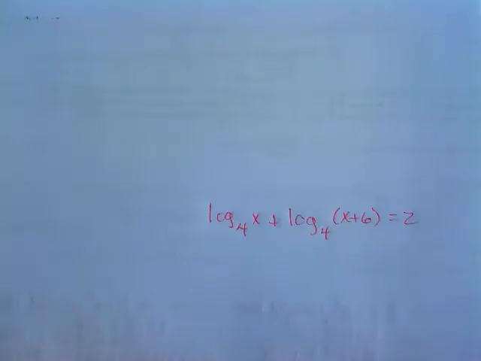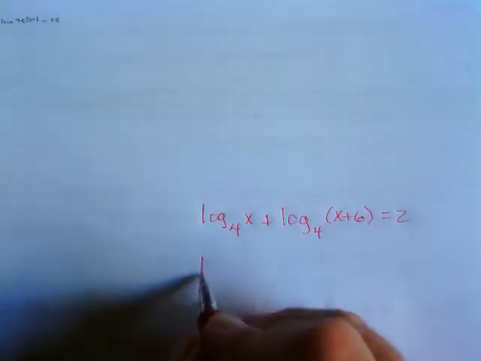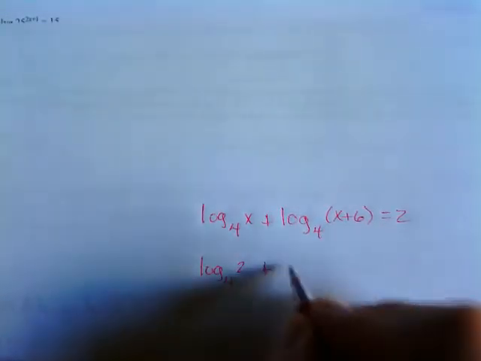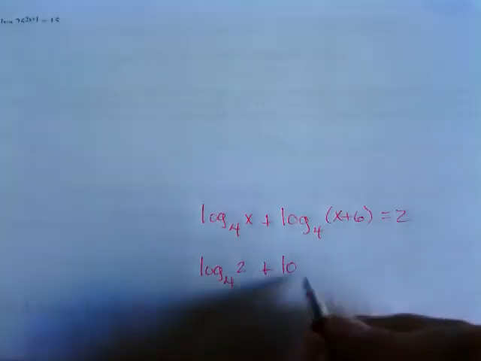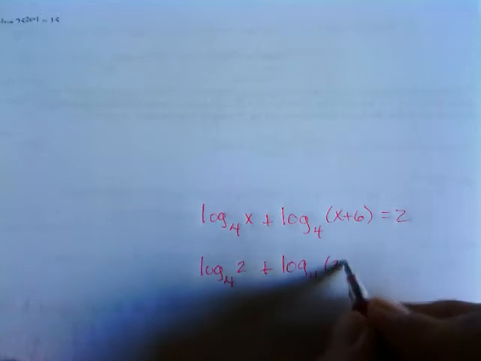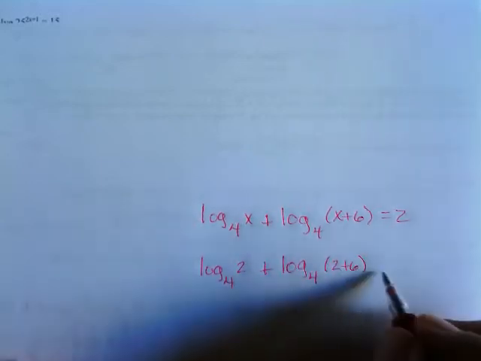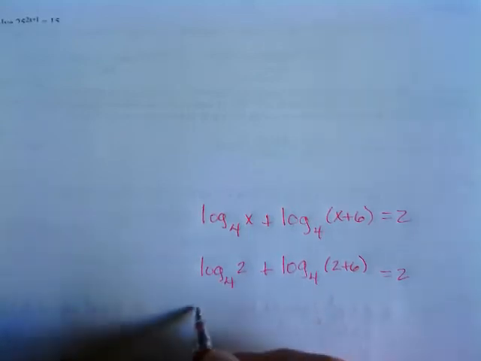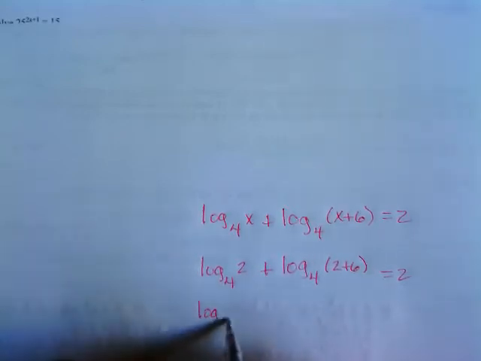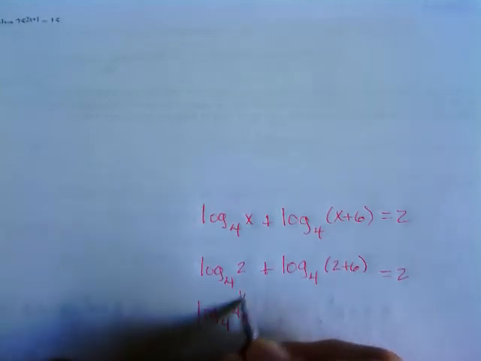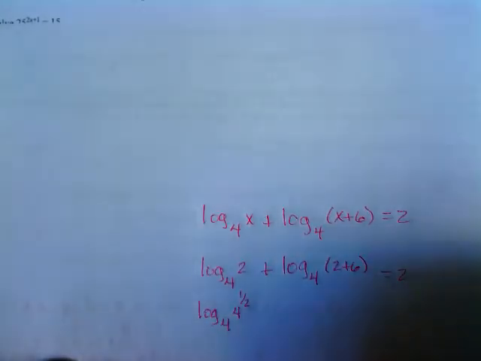Now, we just said the answer is 2. So log base 4 of 2 plus log base 4 of 2 plus 6, which of course is 8. Now, this one, remember that that 2 is the square root of 4, and so I can write that as 4 to the 1/2. Remember, the exponent of 1/2 is the same as square root.